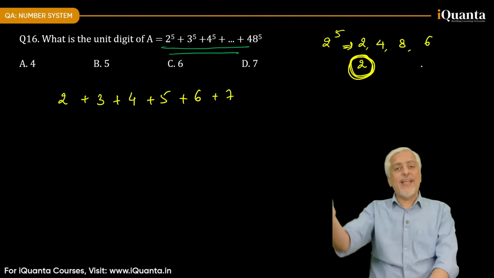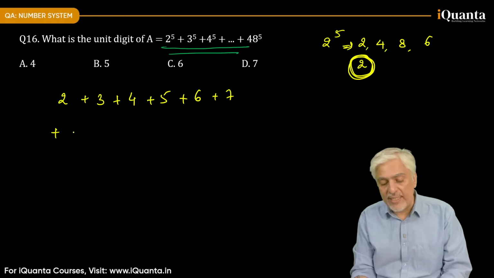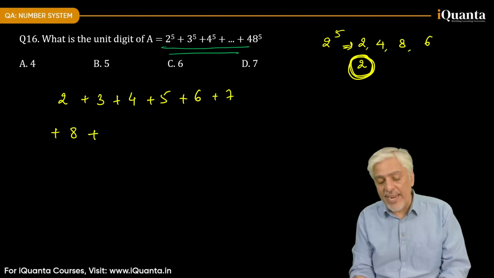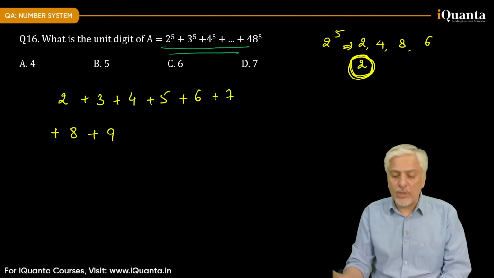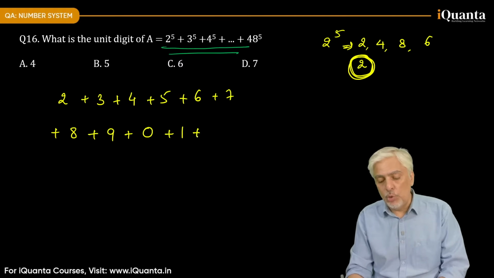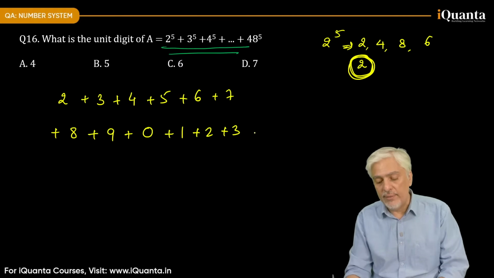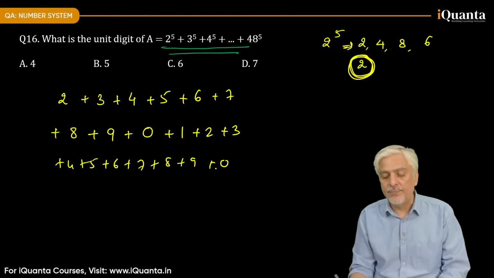But raised to 5, which means it will become as good as raised to 1. 8 raised to 5 का last digit will be 8. 9 raised to 5 का last digit will be 9. 10 पे तो 0 आ जाएगा, वापस 1 से शुरू हो जाएगा. 1 पे it will come 1, 2 पे 2 again, 3 पे 3, फिर 4 पे 4, 5 पे 5, 6, 7, 8, 9, 0 वापस.